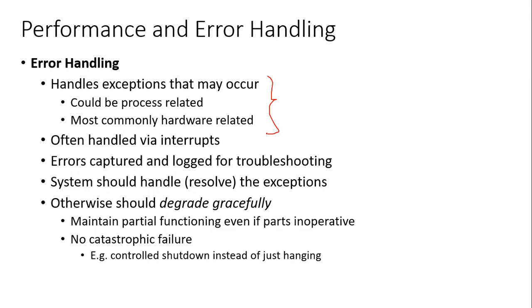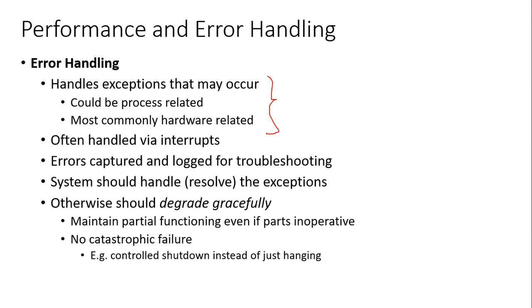It could be process related, or it might be some sort of hardware issue. Often these are handled via interrupts. I think I have discussed these interrupts well. When we covered the process diagram, you can recall how these interrupts work. Errors are captured and logged for troubleshooting.